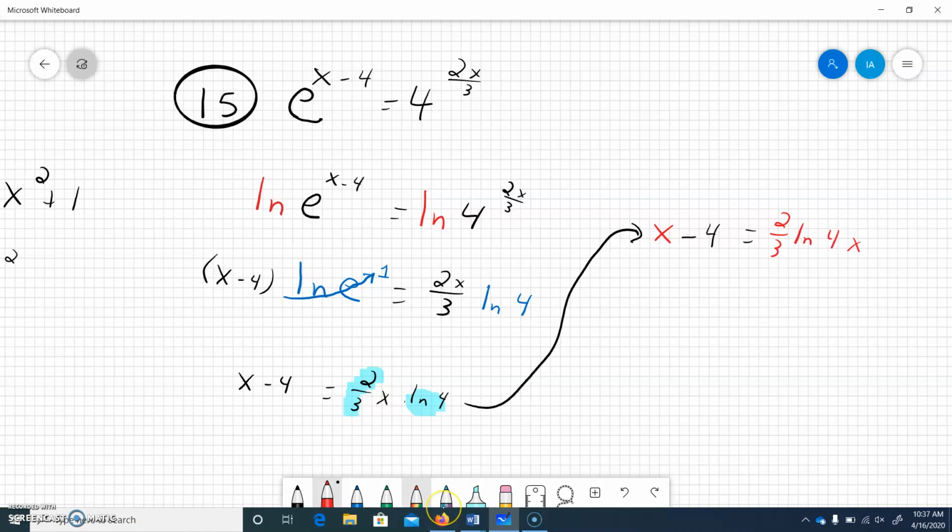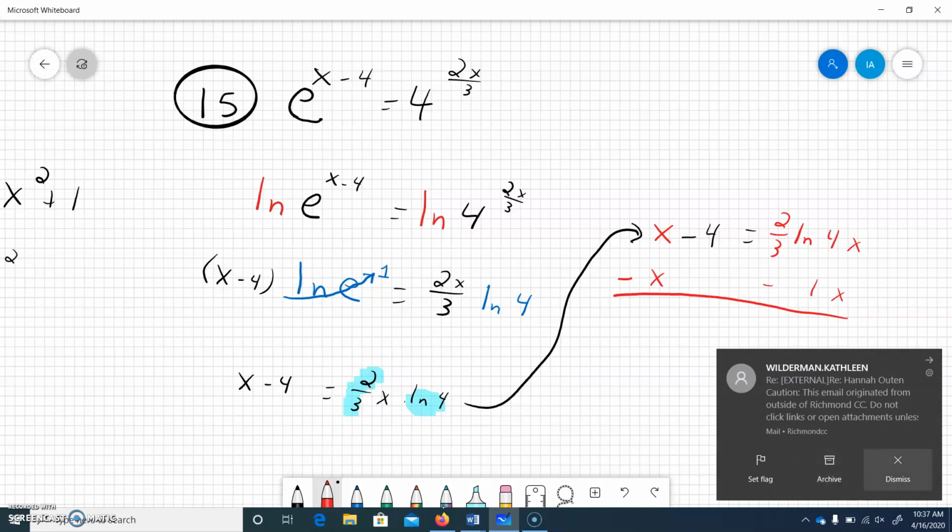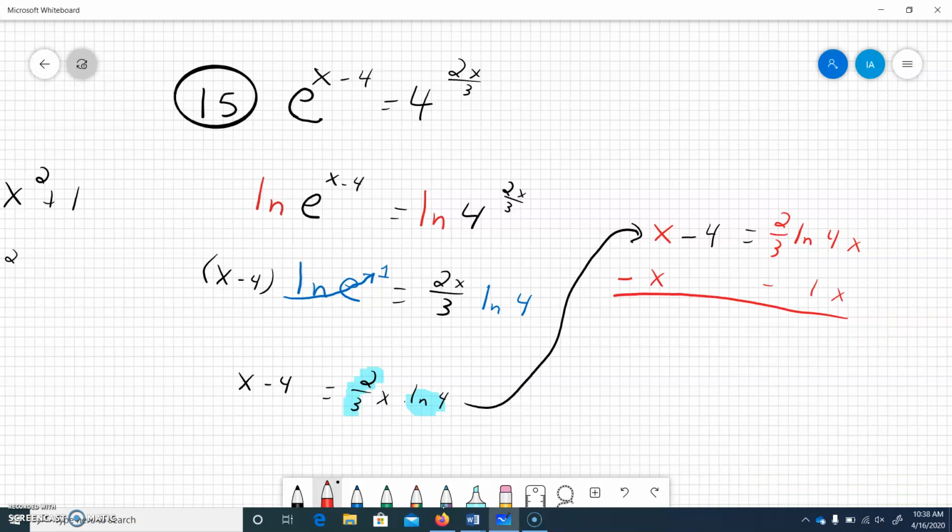And then what we've got here is we could subtract an x from each side. So if you're going to put that in a calculator, you would get negative 4 equals, and you can, like I said, put this in a calculator, and then you would just divide by this part. So you could get an exact answer.